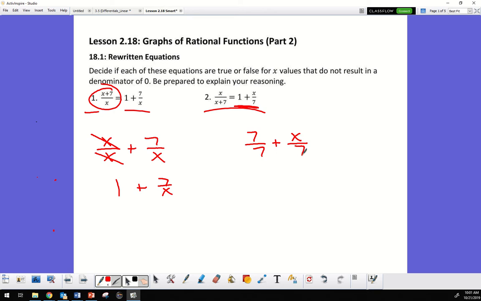Doesn't this look a whole lot like what you have right here? Because that 1 right there, 7 divided by 7 is just 1, isn't it? So I could simplify that, but I'm not simplifying, I'm going the other way. I'm actually trying to make it more complicated, so they're going to have a common denominator.